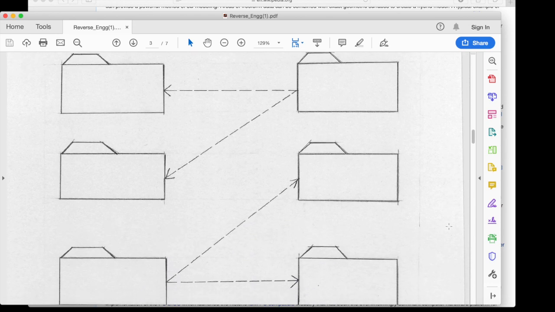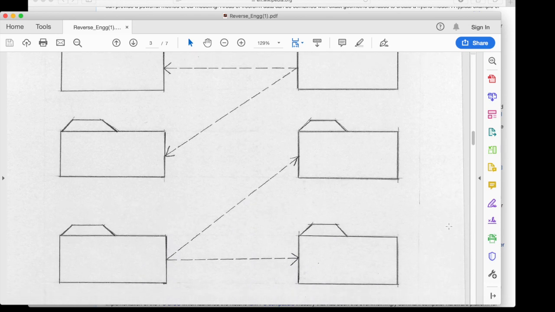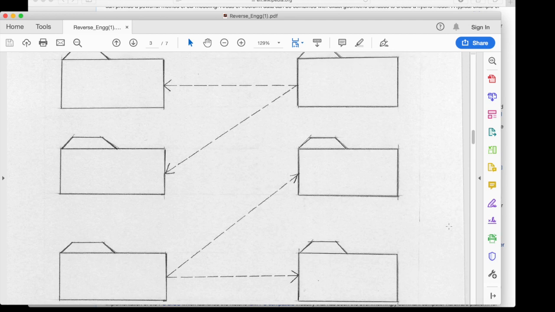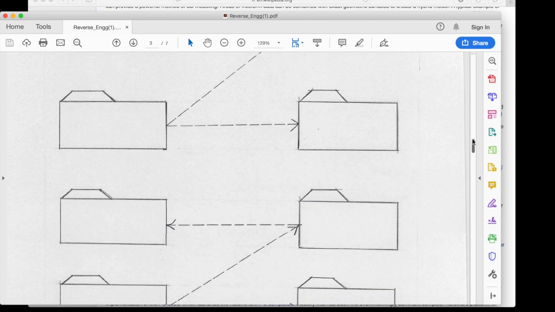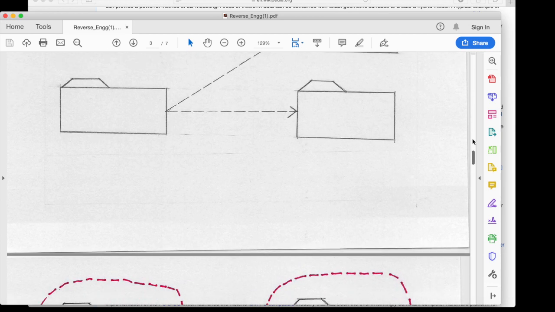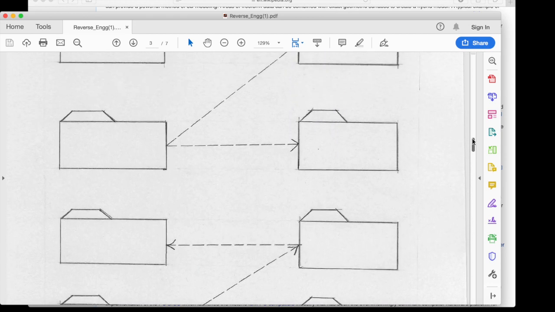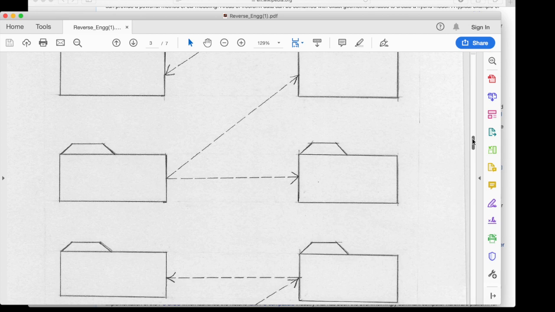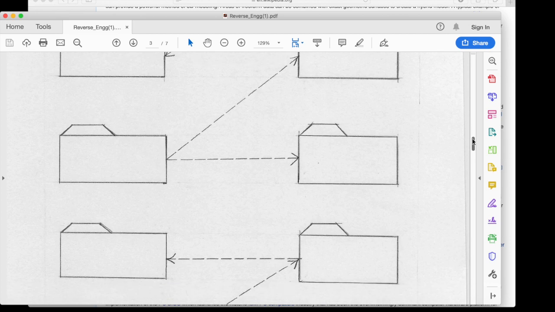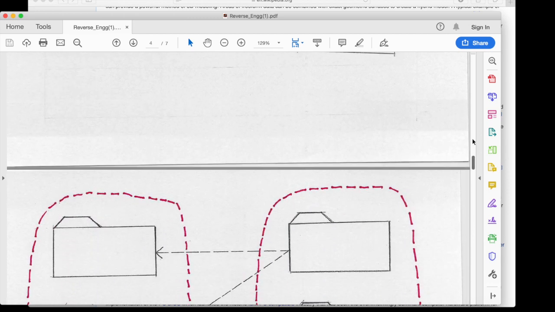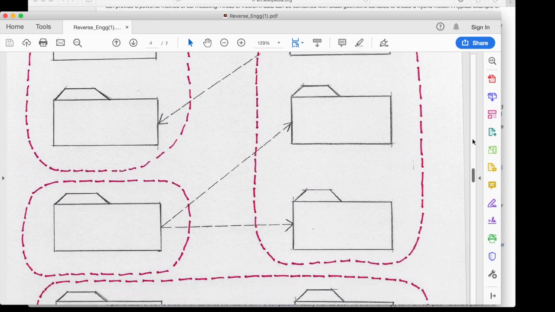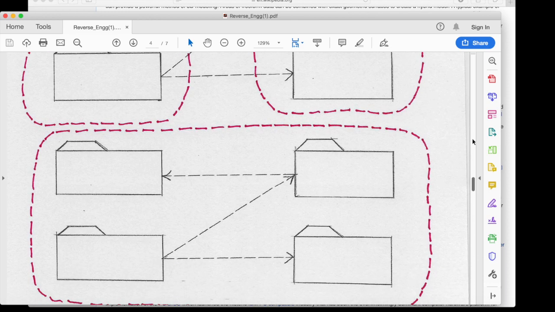So those lines that you see over here with the arrowhead show you which particular package needs service from another package. Okay, the ball and socket. All right. So next thing you need to do after looking at these 10 packages is to draw boundaries around these packages.